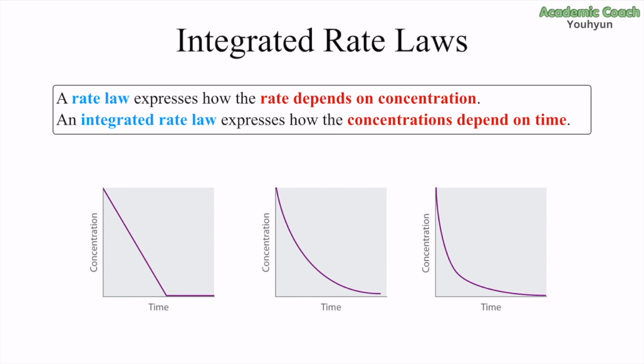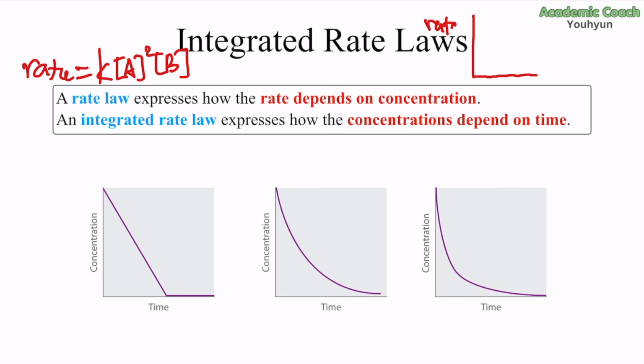And now think about it. Rate law does not really tell us too much information. Rate law is basically rate is equal to a constant multiplied by the concentration of the reactant. So if we represent that in terms of a graph, that will be reaction rate versus concentration of species A, or let's say reaction rate versus concentration of species B. This is how it looks.